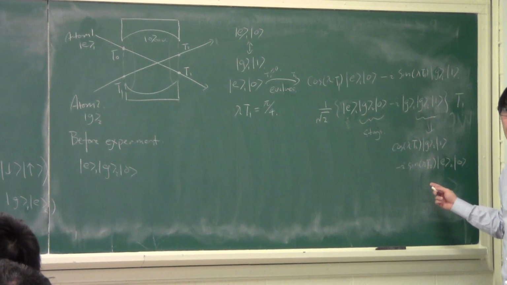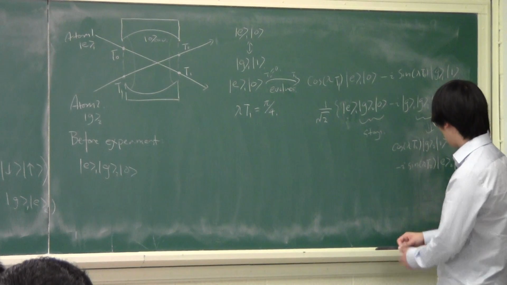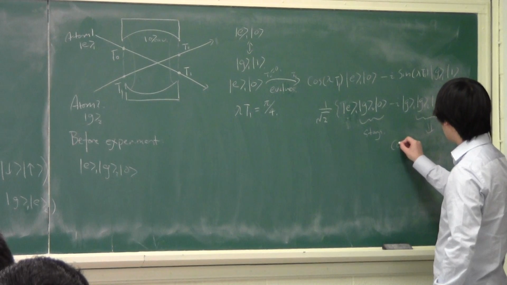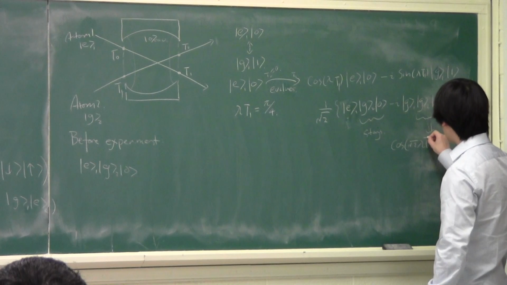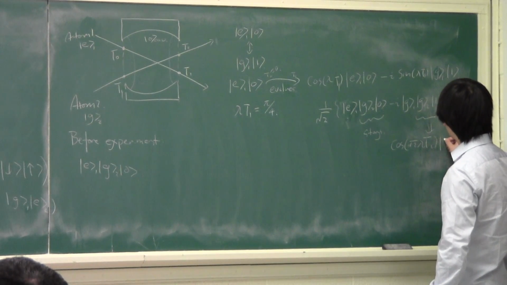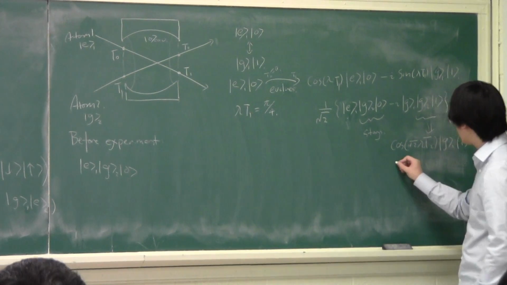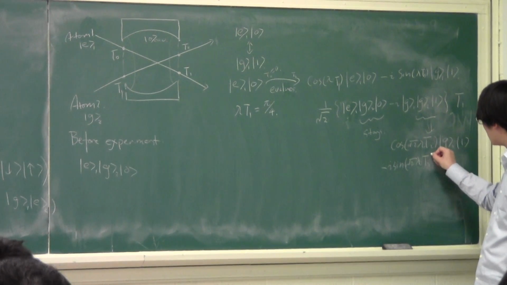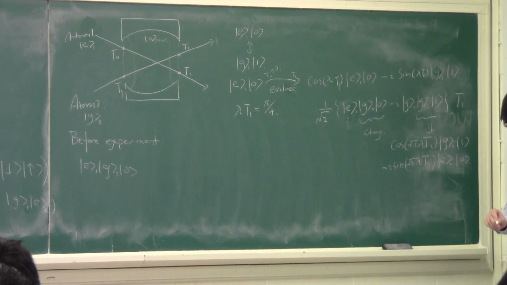Oh yes, there should be a square root of 2, sorry. Yes, you're right, thank you. So cosine of square root of 2 lambda T2, G2, 1, minus I sine square root of 2 lambda T2.